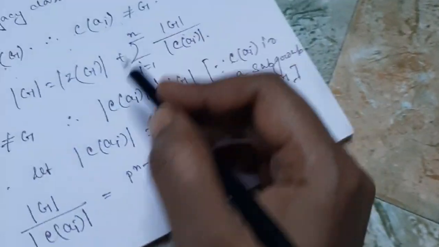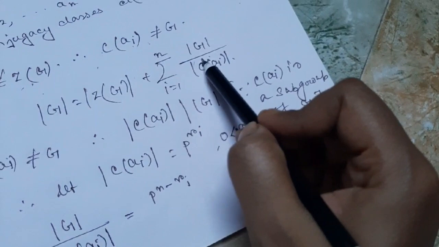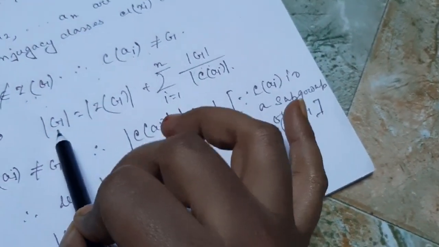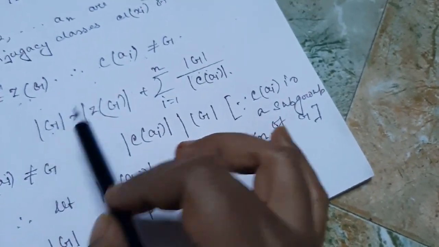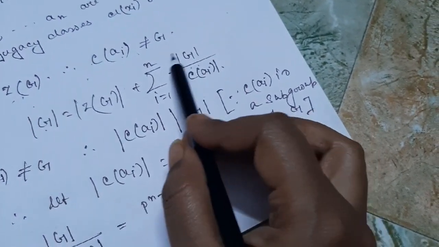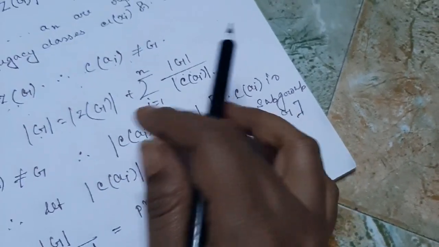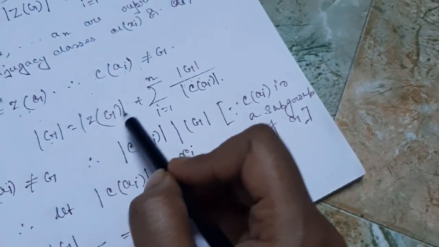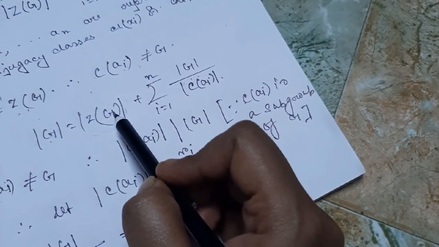Now look at this equation. This is p to the power n minus Ri, and this is p to the power n. So p divides this one, and p also divides this one. Now if the equation has to exist, then definitely p will divide this one as well.